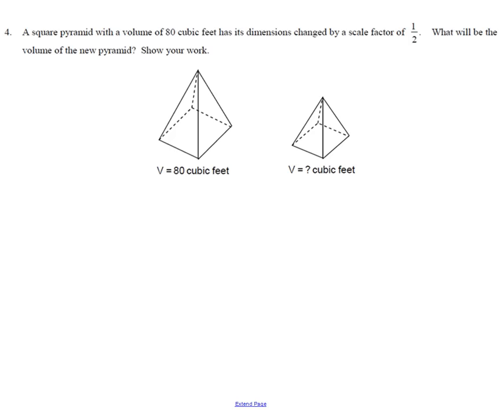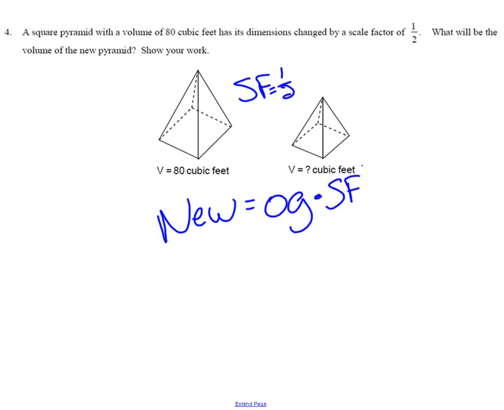A square pyramid with a volume of 80 cubic feet has dimensions changed by a scale factor of 1/2. This is just the same as the last one. Our scale factor is still 1/2. So again, we say new equals original times scale factor cubed. Our original amount is 80.